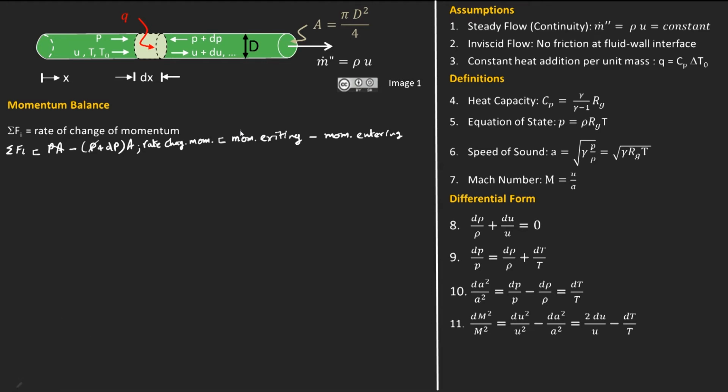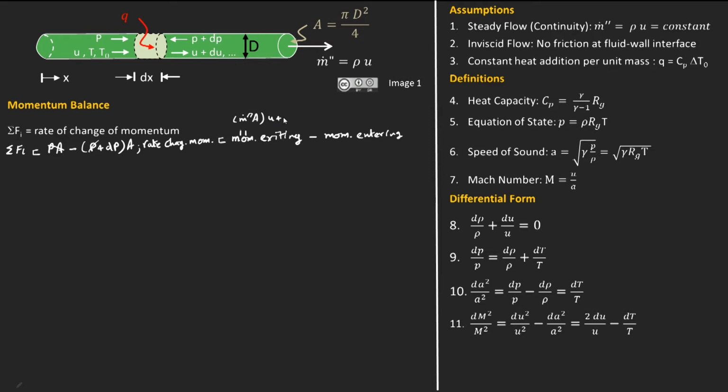Alright, so let me write this at the top here as this equals the mass flow rate m dot, which enters the control volume and also exits. Since we have the steady flow, the same mass flow rate enters and exits. Therefore, the mass flow rate m dot, which is nothing but the mass flux m dot double prime multiplied by the area A, times the speed with which the fluid leaves the control volume, u plus du.